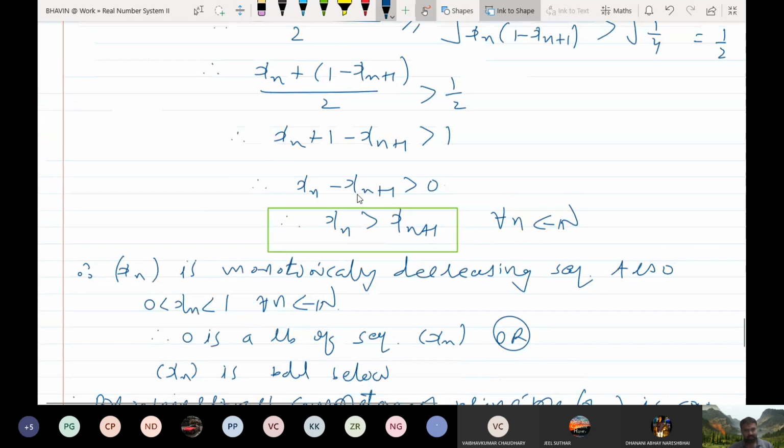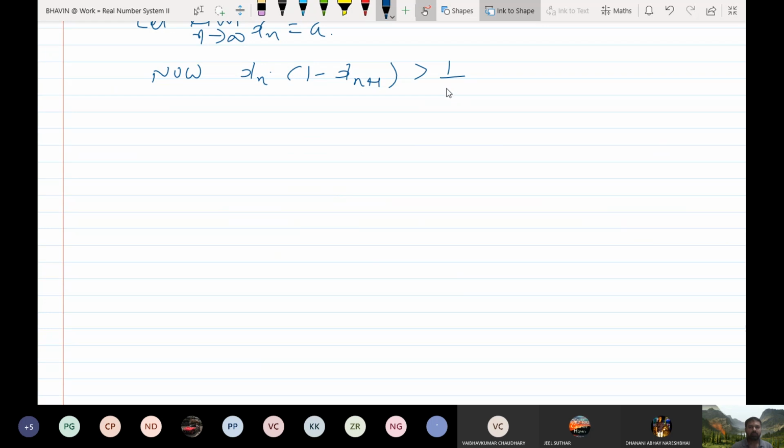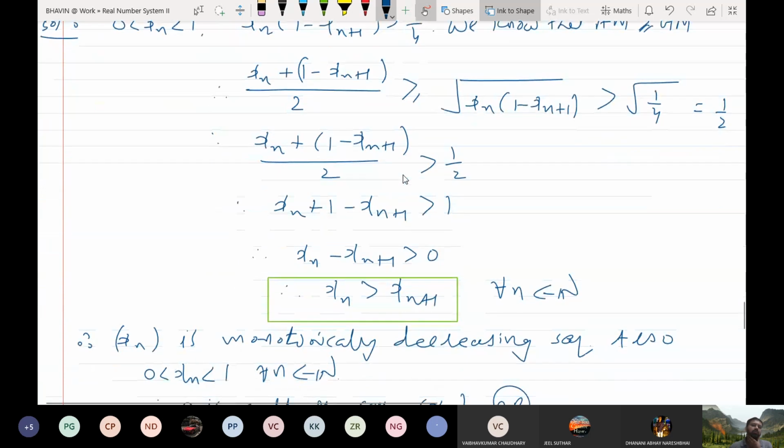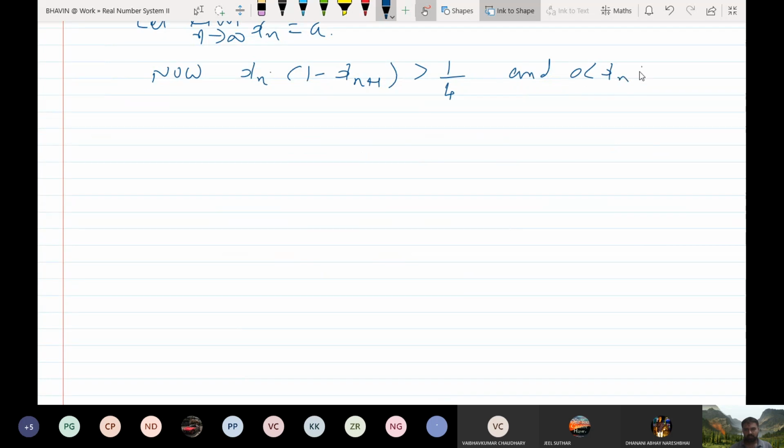See, look at this. I have given this xn into 1 minus xn plus 1 is greater than 1 by 4. It is given that this is greater than 1 by 4, and the xn's are positive. And the second thing is this, 0 less than xn less than 1.